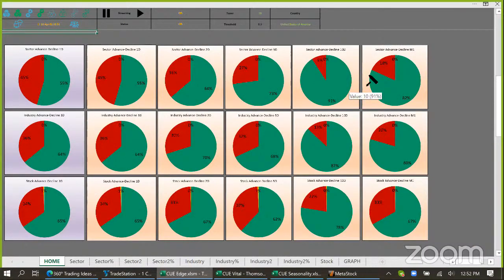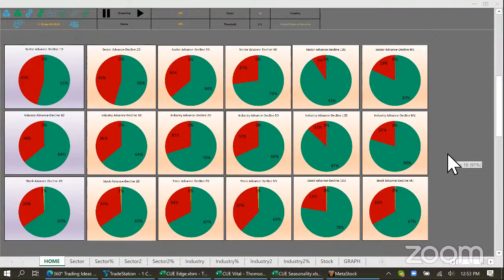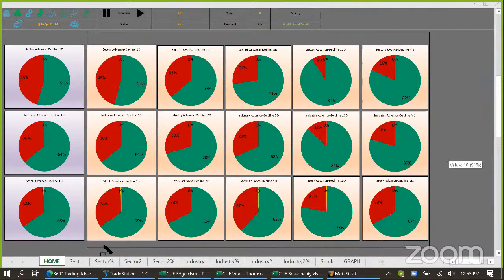Now let's look at the sectors, industries, and stock breadth using this very useful 1 month to 1 day sector advance decline, industry advance decline, and stock advance decline. Here, all the pie charts are bullish across all the periods.